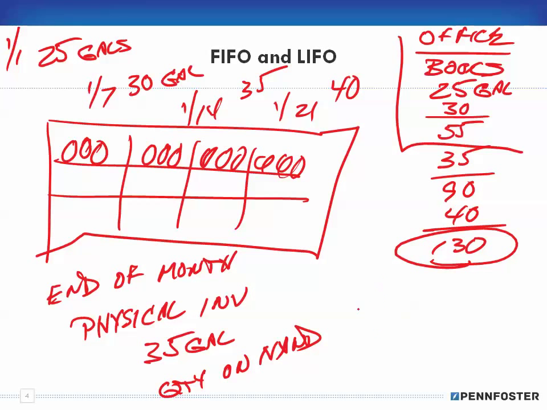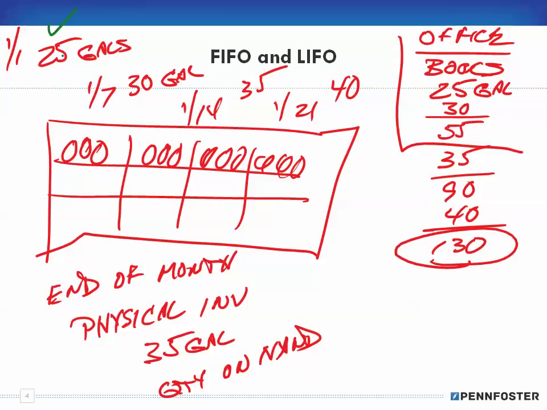All right, so you do a physical inventory and you have 35 in the cooler. Now this is where people get all confused. Because what they want to do is say, okay, I have 35, and if I'm using FIFO, they think they need to get rid of the first ones in.